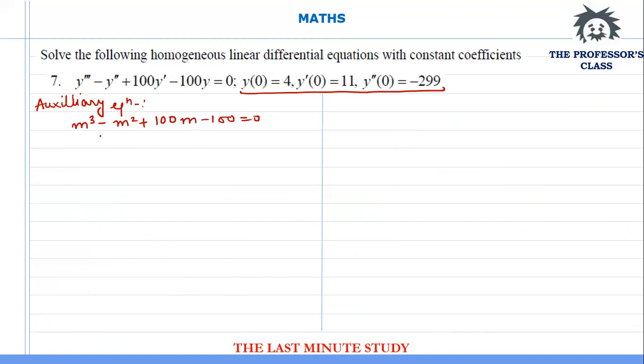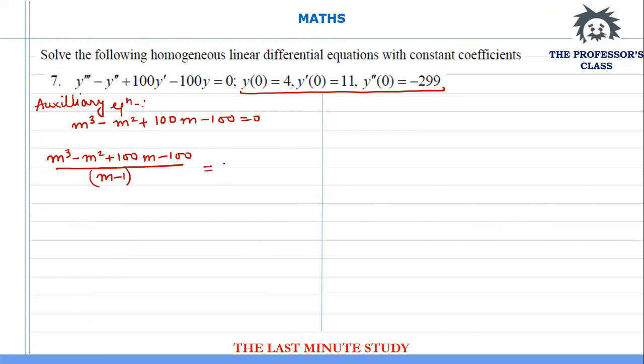Now it's quite visible over here that if you substitute the value of m equal to 1, this entire equation will become 0. So simply I can write down that m cube minus m square plus 100m minus 100 is divisible by m minus 1.